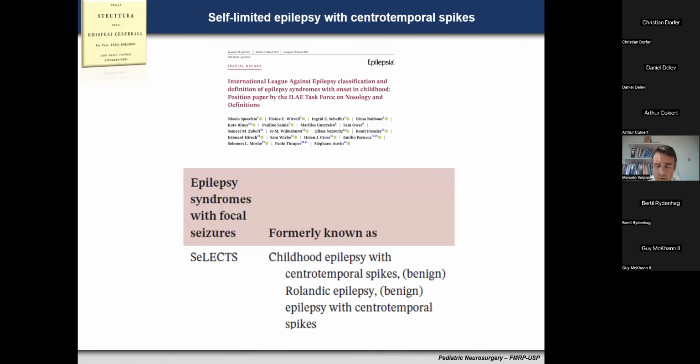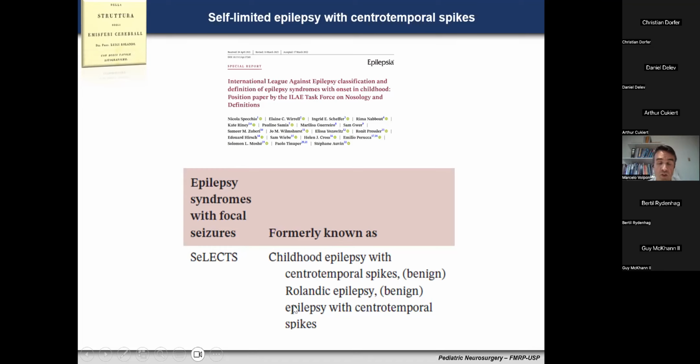And also, just a matter of nomenclature, when we talk about Rolandic epilepsy, most of these epilepsies are not that interesting to us neurosurgeons, because they were what used to be called the benign epilepsy with centrotemporal spikes. When you mention Rolandic epilepsy to a neurophysiologist, they're going to think about this entity here.